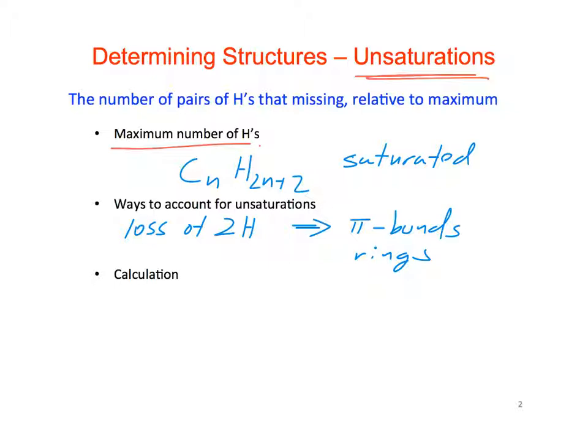Okay? I usually use this formula. I think I learned it in the mass spec book in this same kind of class. We calculate the number of unsaturations as the number of carbons in the molecule, minus the number of hydrogens divided by 2, plus the number of nitrogens divided by 2, plus 1.